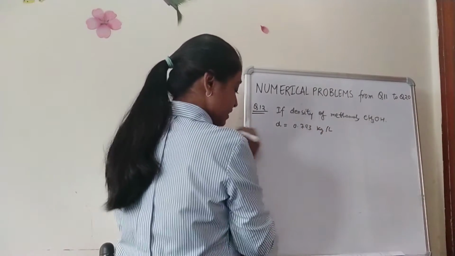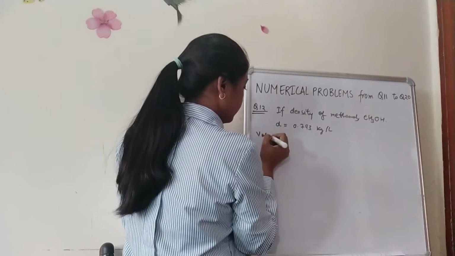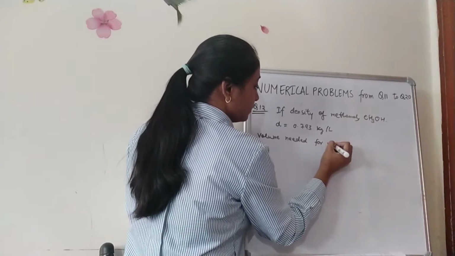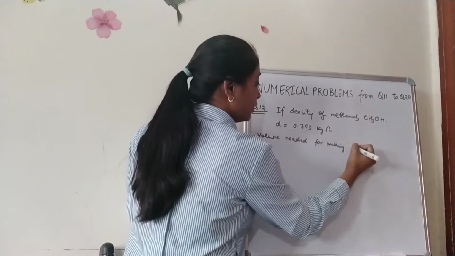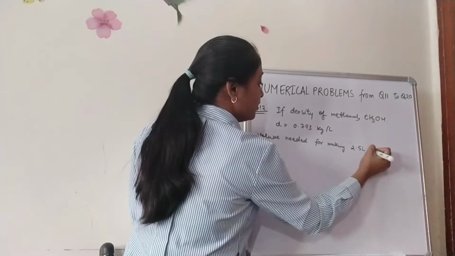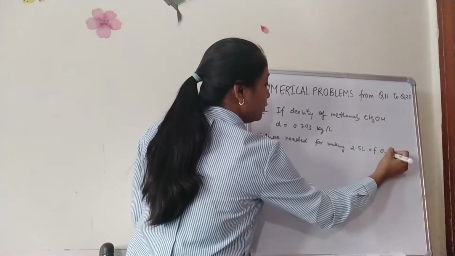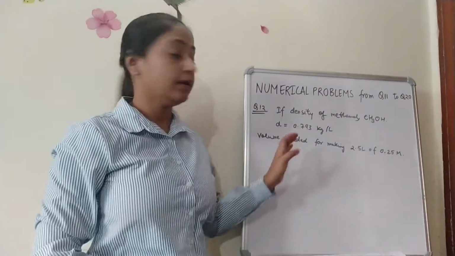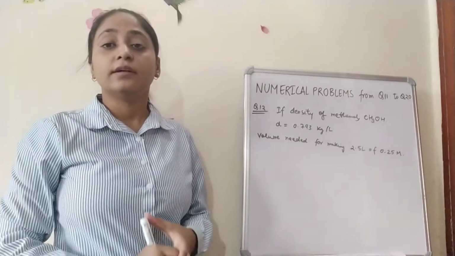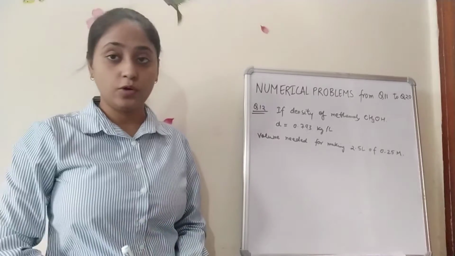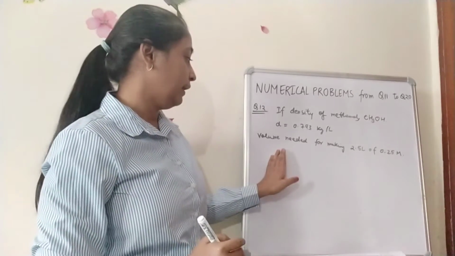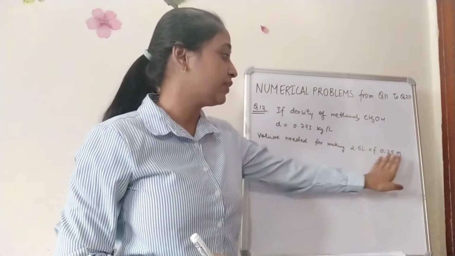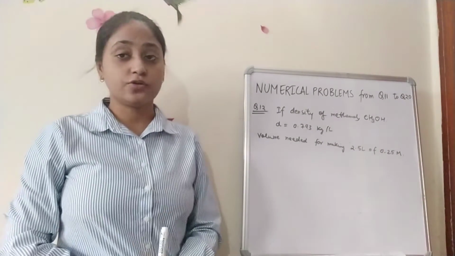This is the density. So we have to calculate here the volume for making 2.5 liter of 0.25 molar solution, right? So here density is given. Density is equal to mass by volume, we know that, and here we have to calculate the volume needed for making 2.5 liter of 0.25 molar solution, right?